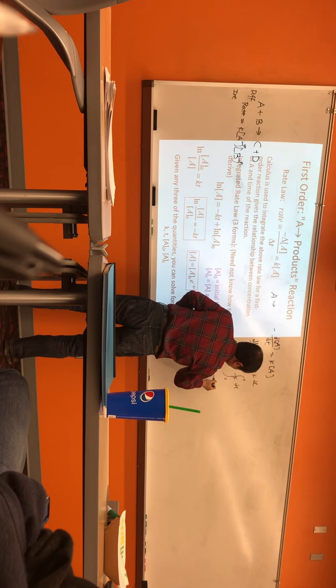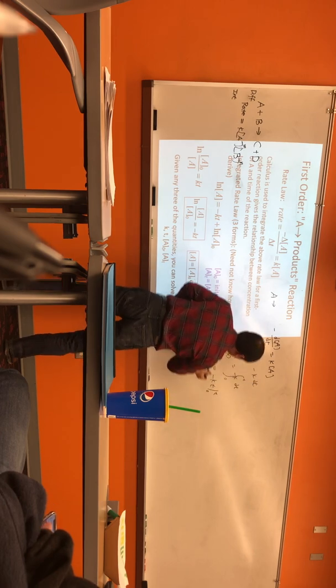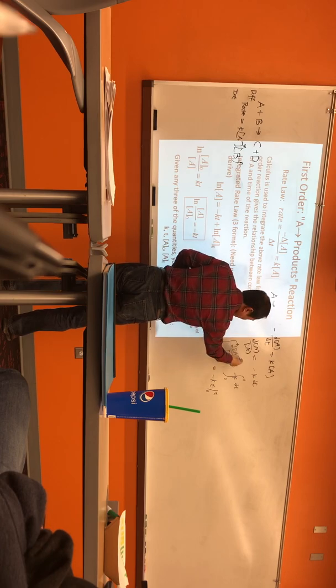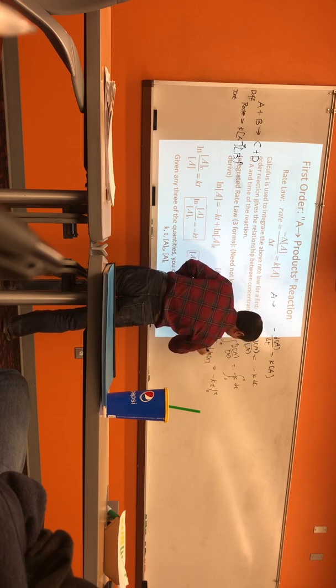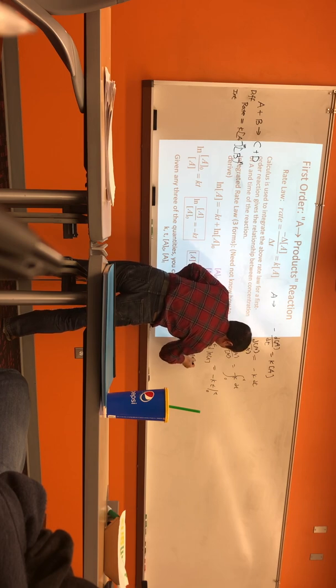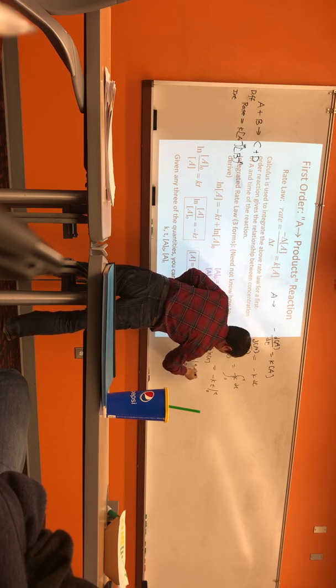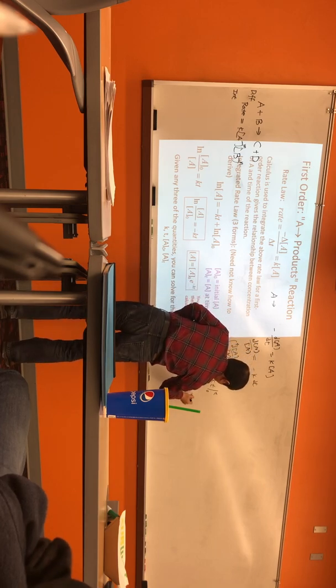The integration of this will be kt over dt. This, d variable over variable, will be d ln of the variable. So that will be the logarithm of A from 0 to t, and this side is still the same thing.